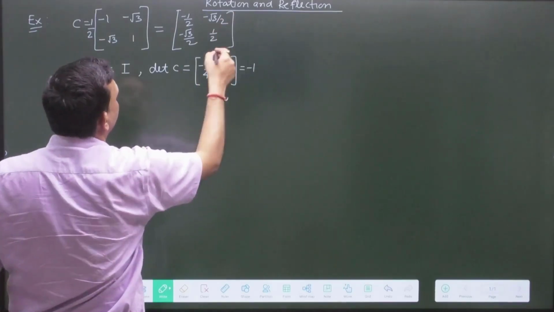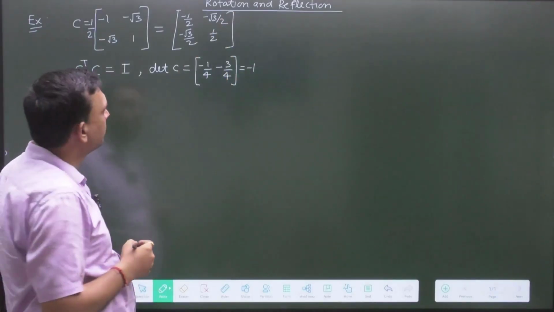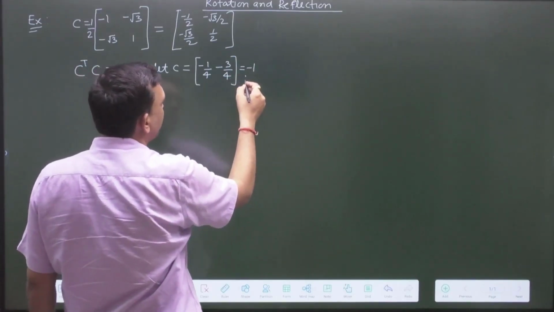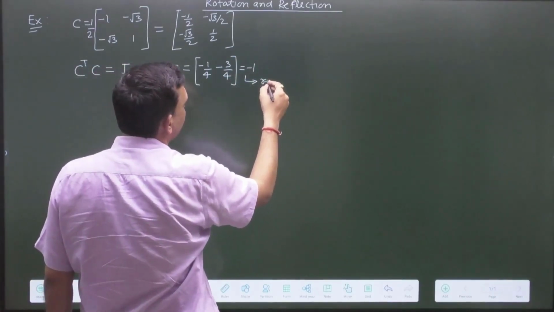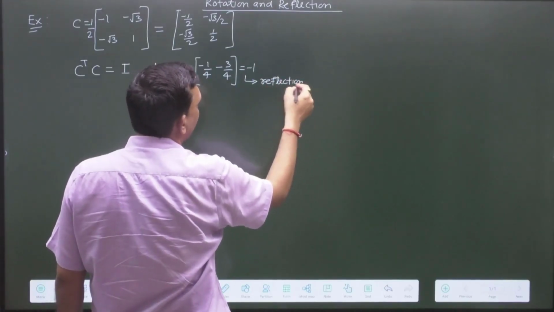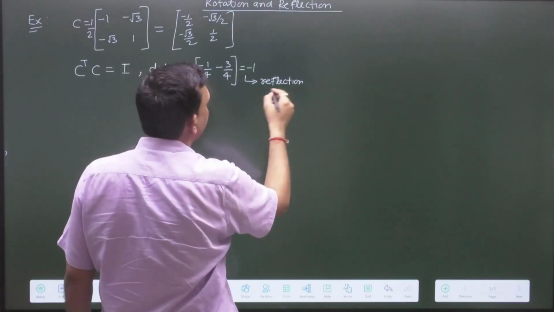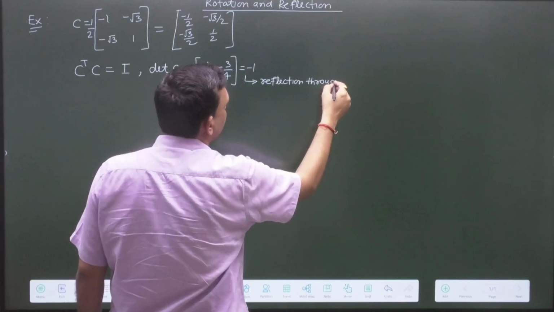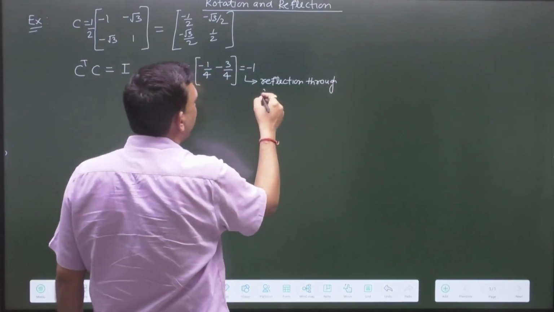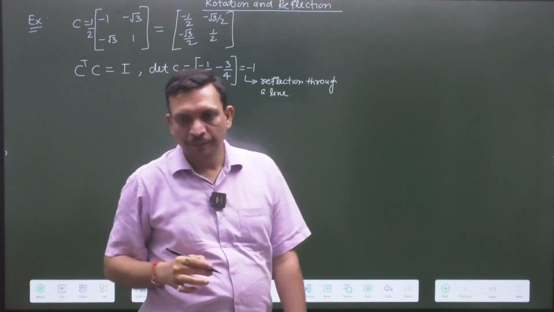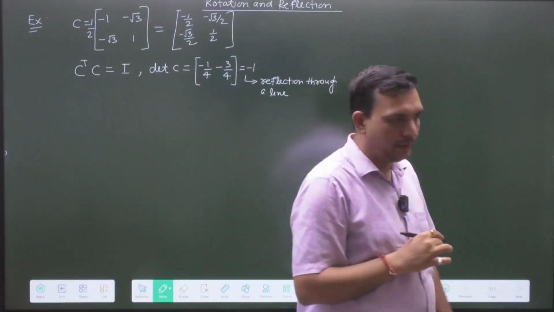Now you have to find its determinant. So this determinant of C is minus 1. So this corresponds to reflection through a line. I am talking about a 2 cross 2 matrix.